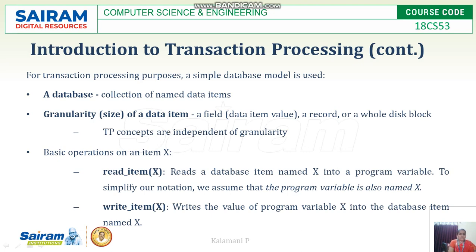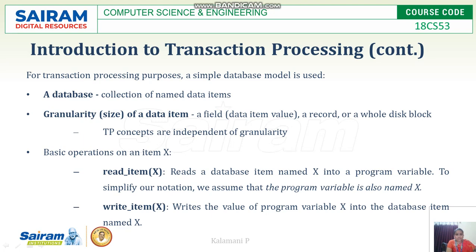For transaction processing purposes, a simple database model is used. A database is a collection of named data items. The granularity or size of a data item may be a field value, a record, or a whole disk block. The transaction processing concepts are independent of the size of the data item, that is, its granularity.